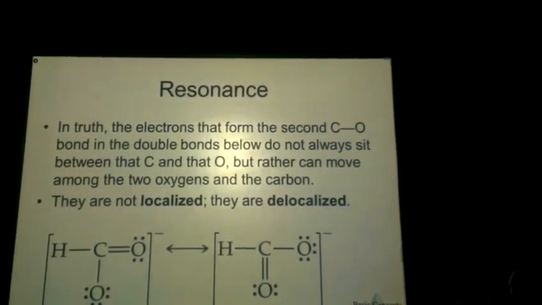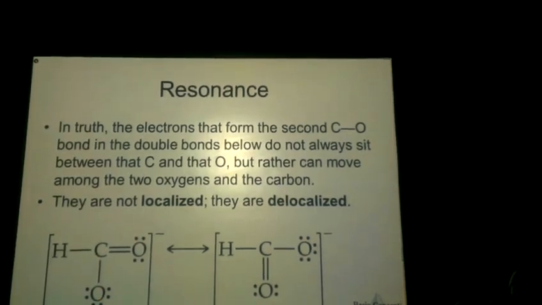We call these delocalized electrons. Delocalized electrons have the ability to move around. They are not stuck in one particular place. So resonance structures have delocalized electrons, meaning that the electrons can be distributed from the outermost atoms to the central atom.